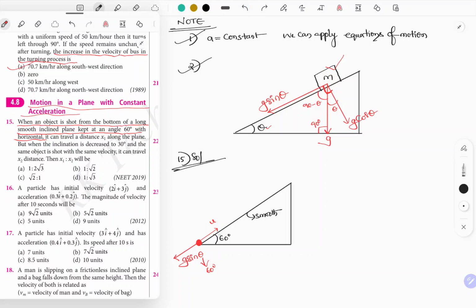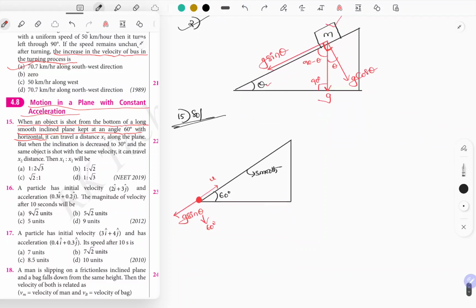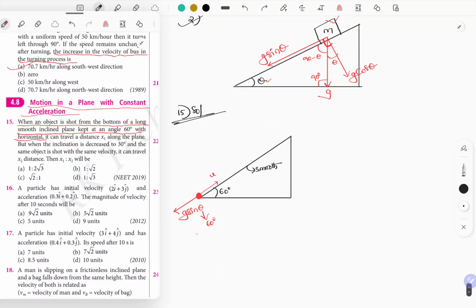Understand? Because g sin theta is opposite to the motion of the object, then velocity decreases.